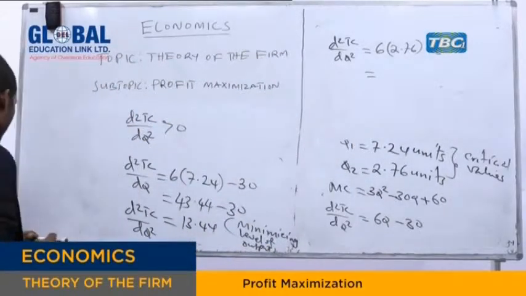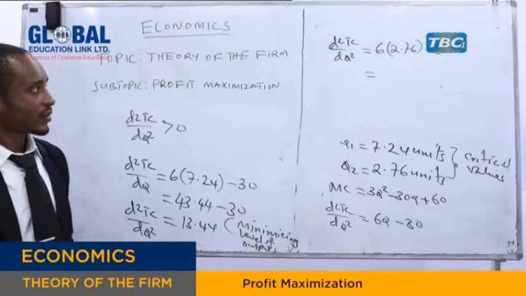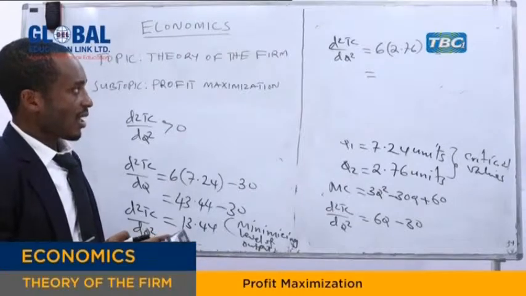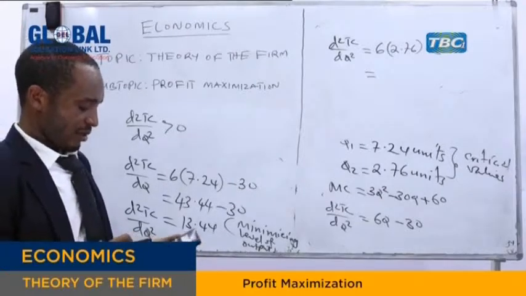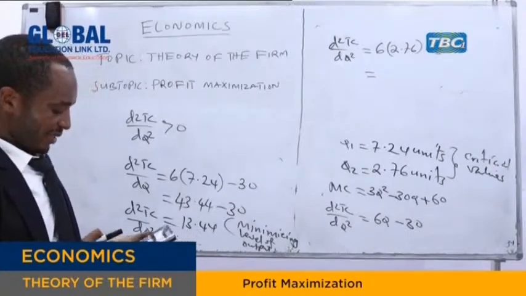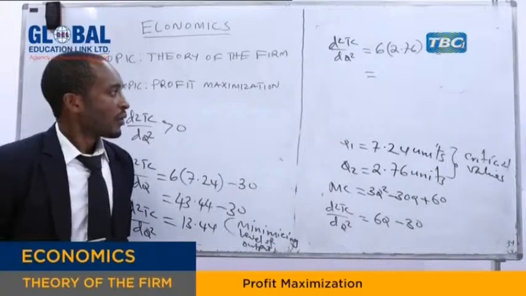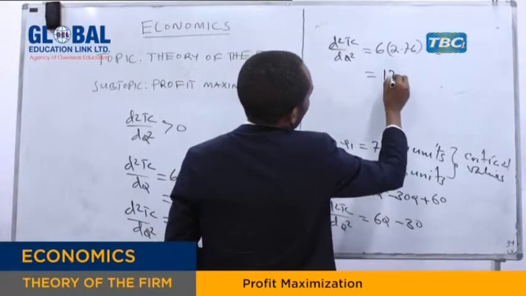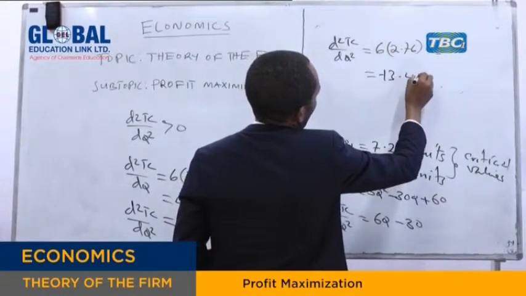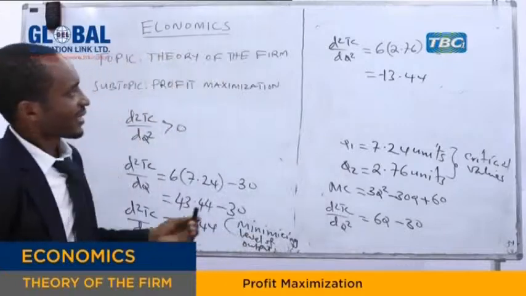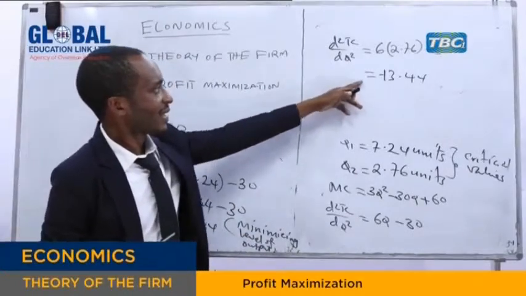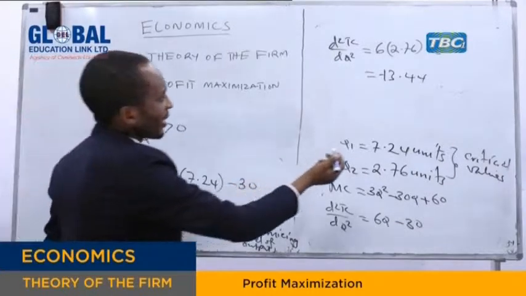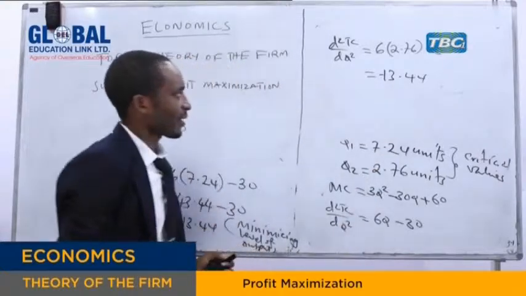So when you use your calculator, 6 times 2.76, then less 30, I'll get negative 13.44. So you can see that this is negative. If it is negative, it means that the value will be less than this, so that one does not minimize the cost.